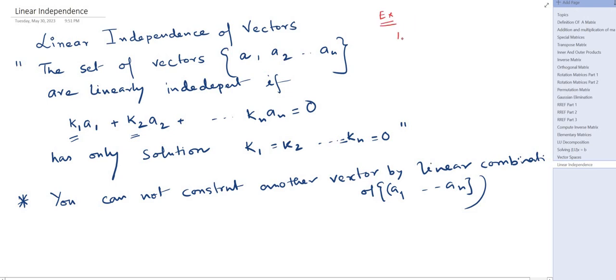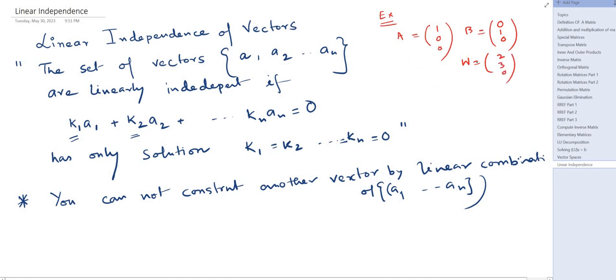Okay, let's say you have a couple of vectors like a is 1 0 0, and b is 0 1 0, and you have another vector which is w, which is 2 3 0.